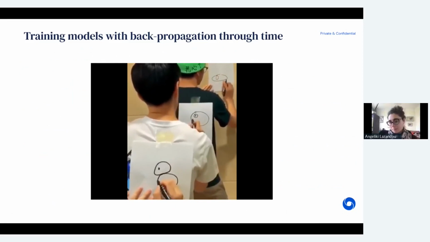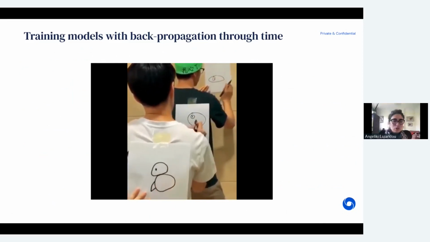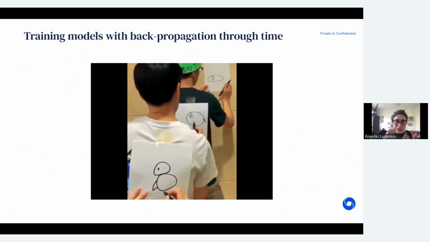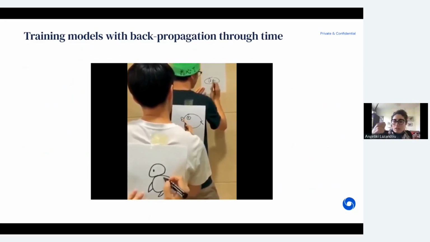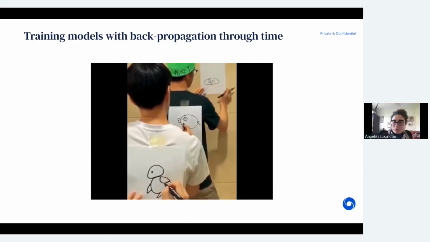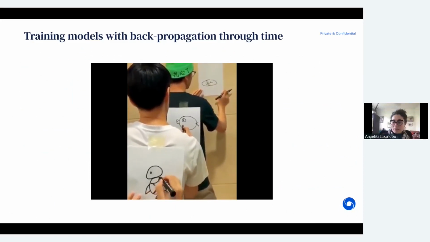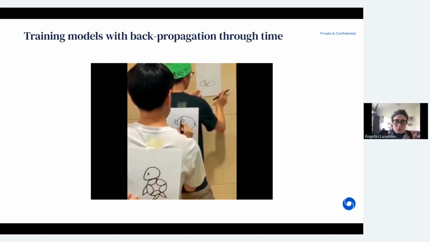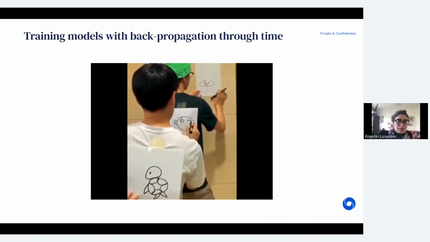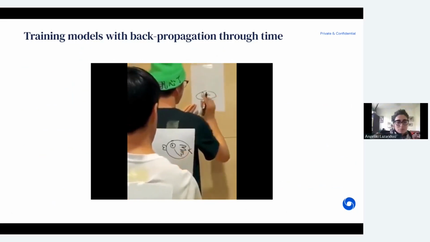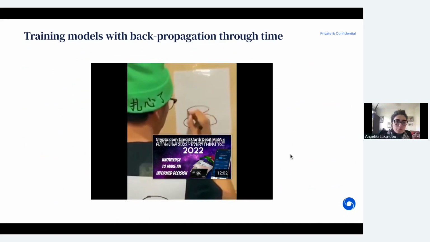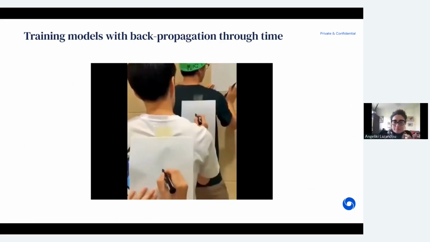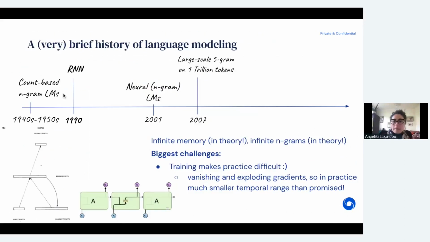And this is a simple video that shows something similar: the more you need to relay information from one person to another, the more this information gets diluted and noise gets inserted, and at the end of the chain, what the last person draws is completely different from what the first person drew. And here people just try to understand from the movement on their back what the original image was.